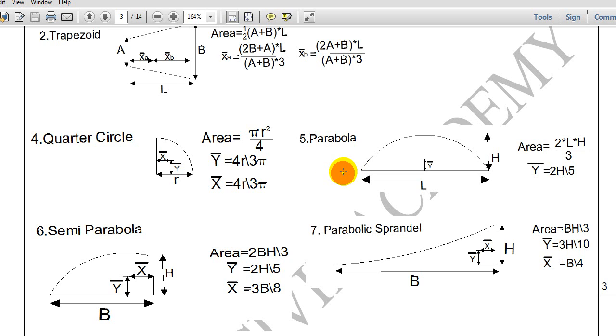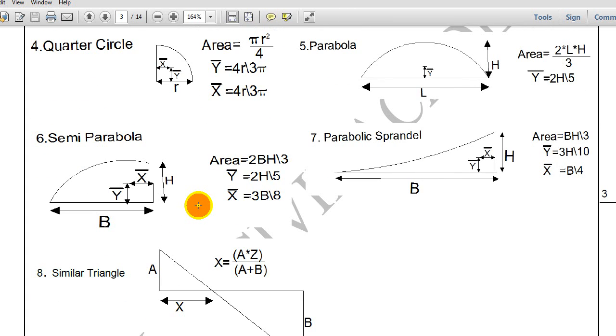For parabola, it is again symmetrical, so the total area is 2/3 of L into H, and its height h bar is 2h by 5. Just remember this. Area of semi parabola, again I will be using this quite often.